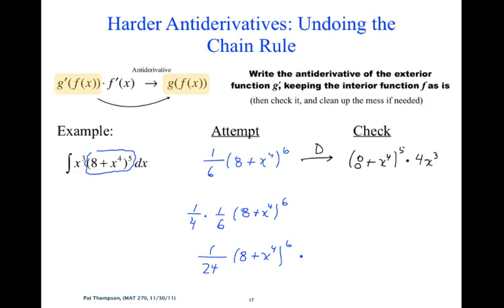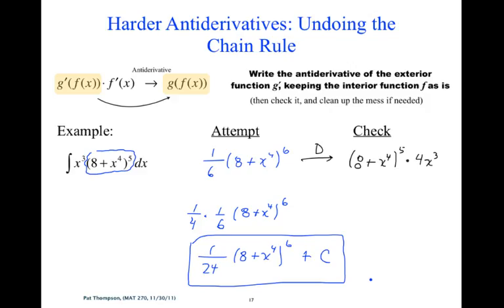So we need plus c. And if we had limits of integration, and this was a value of net change, we could find that value of net change by plugging in and doing final minus initial, right? Final value of the quantity minus initial.